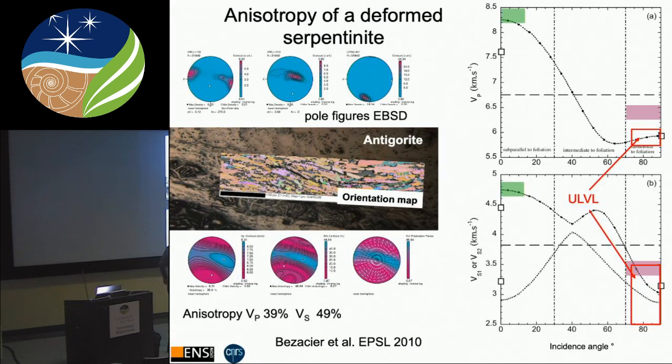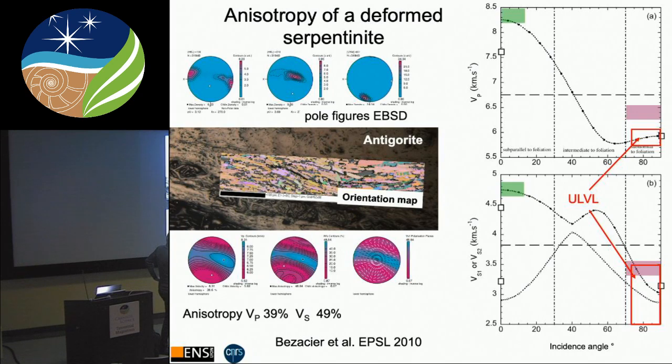So here we consider a wave that is traveling along the foliation, so the angle of incidence is 0. And here we are considering a wave that is traveling perpendicular to the foliation. And you see that we have very large velocity changes.